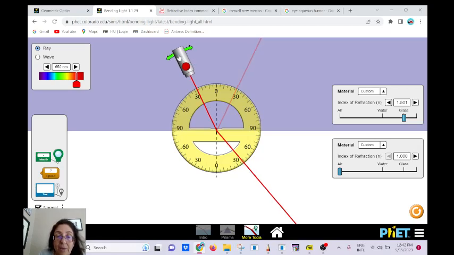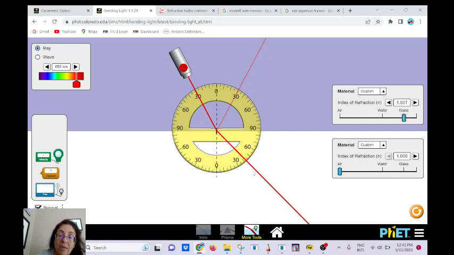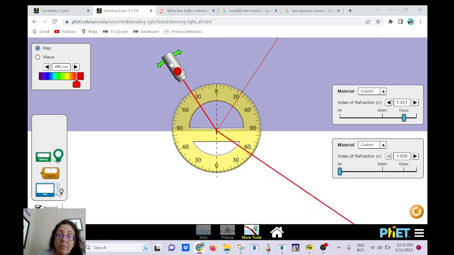So you see here I have an angle of incidence of 30 degrees, no problem, I have a refracted beam. And then I go to 35, no problem. It gets closer, that angle here is the angle of refraction, and it's increasing and getting closer to 90 degrees. So look what's going to happen when I reach 90 degrees. Because it's always bending away from the normal, it's trying to reach that 90 degrees.